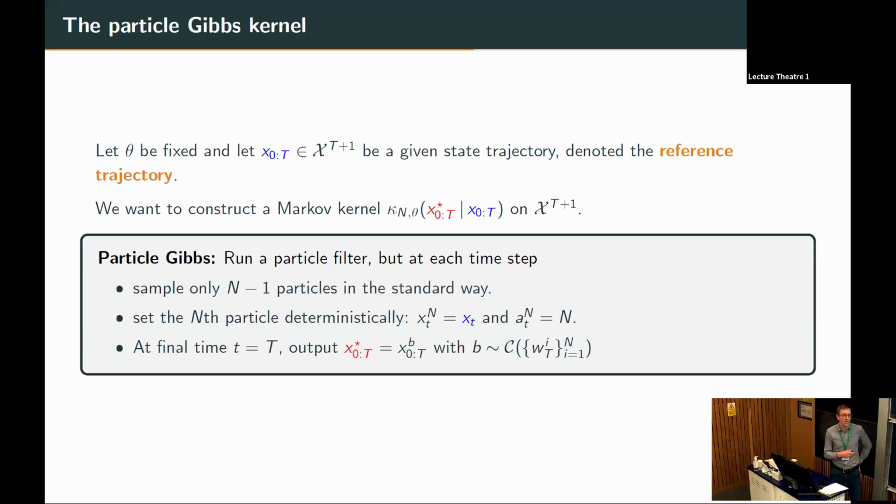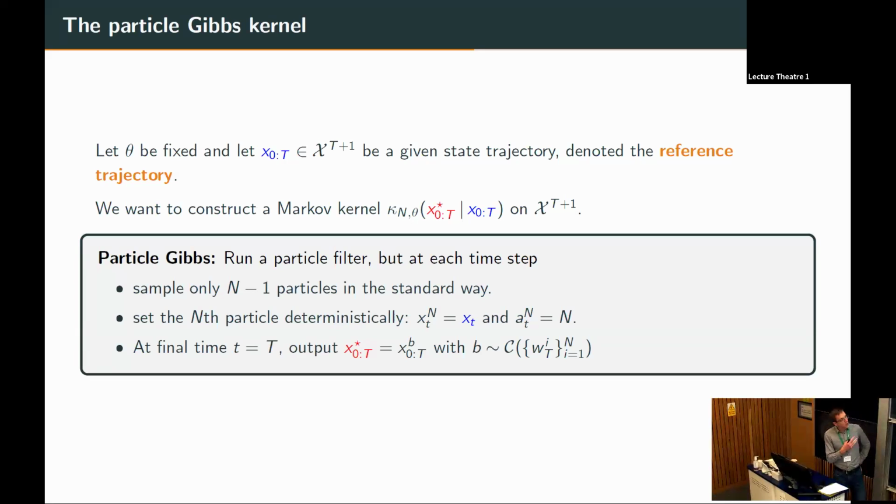It's just the input to this Markov kernel. And the Markov kernel is now constructed as a distribution on the space of trajectories. So it will take one reference trajectory as input, do some internal computations, and then spit out a new trajectory, this red x star. The way this is done is that we run a particle filter.